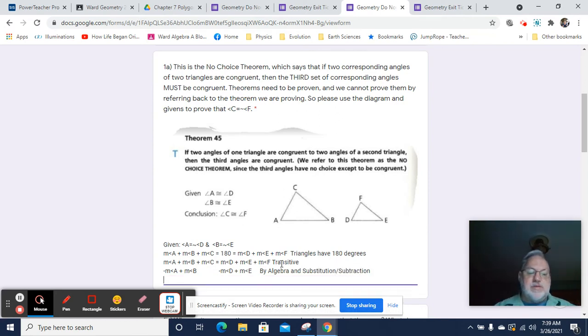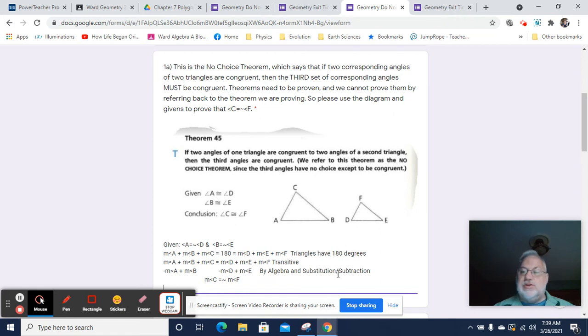So those are things we're using here. Once we've done all that, we're left with the measure of angle C equal to the measure of angle F.